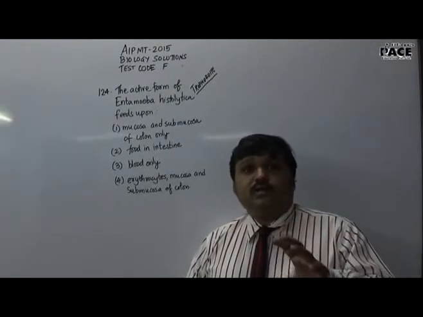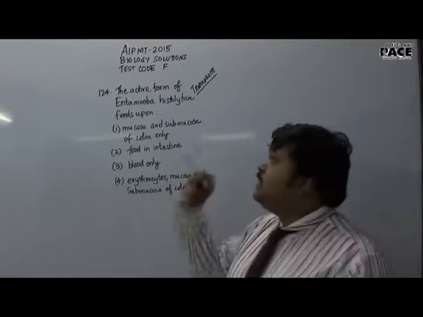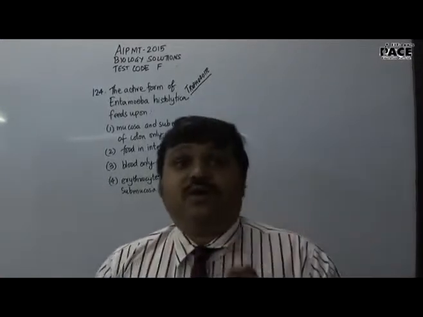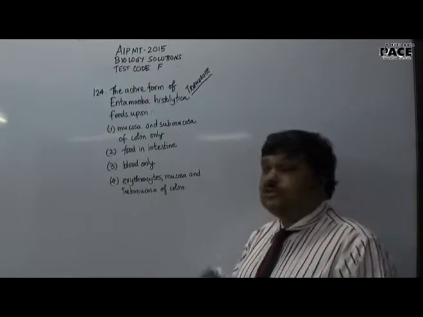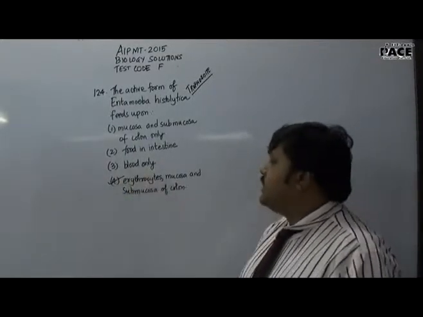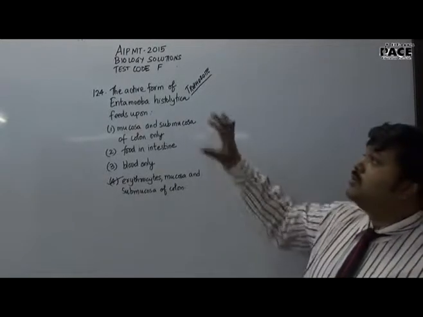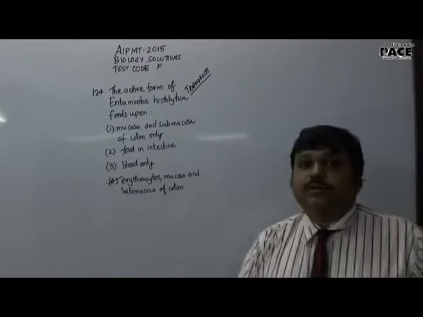It is not a very common occurrence, it is rare, but it has been found that Entamoeba histolytica trophozoites feed on RBCs as well. So the correct answer to this question is erythrocytes, mucosa and submucosa of the colon is what trophozoite of Entamoeba histolytica will feed on.